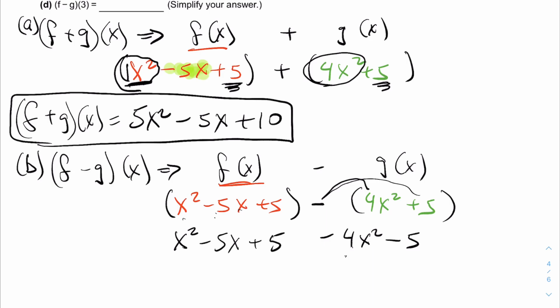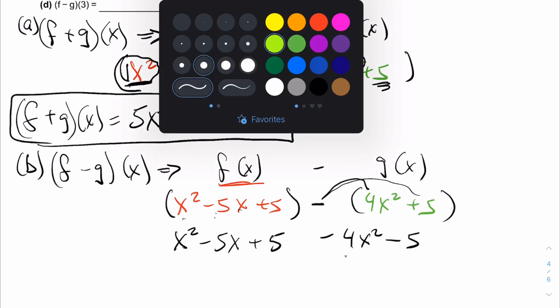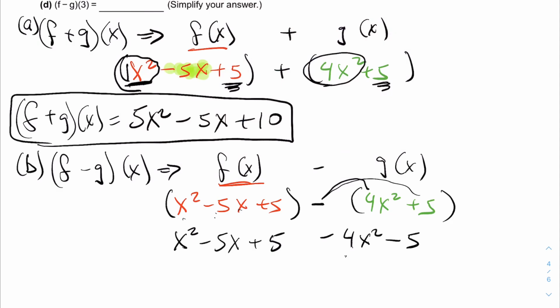So now there it is, right? So it's x squared minus 5x plus 5 minus 4x squared minus 5. So we need to come through and combine like terms. Let's use some of these colors here to do that. So I've got a 1x squared and a negative 4x squared. Well, that's going to make a negative 3x squared.